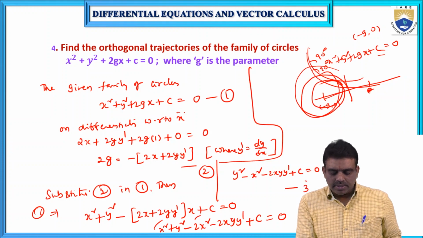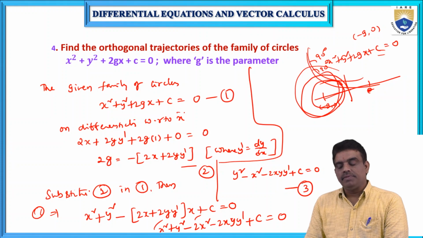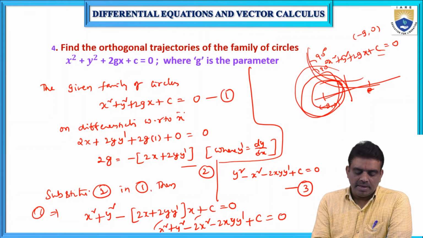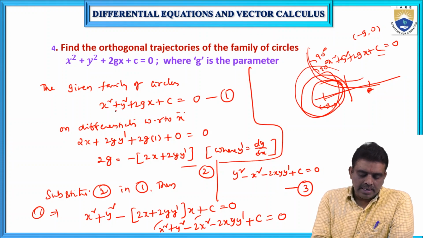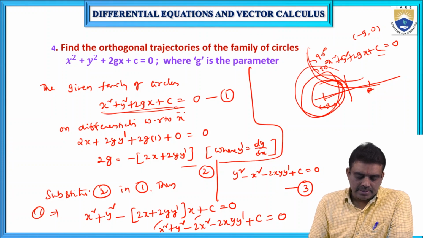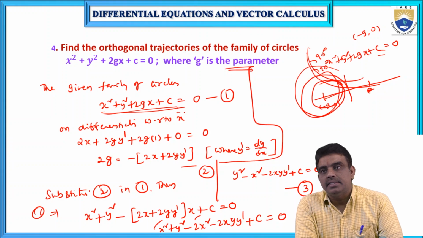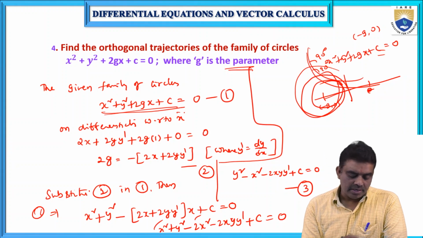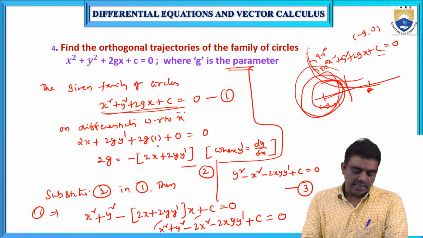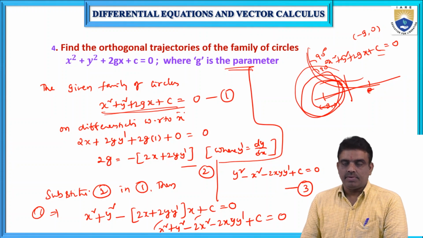Call this equation number 3, which is the differential equation of the given family of circles. Since g is the parameter, we should eliminate g. To eliminate it, I differentiate the given equation with respect to x, calculate 2g, and resubstitute in equation 1.